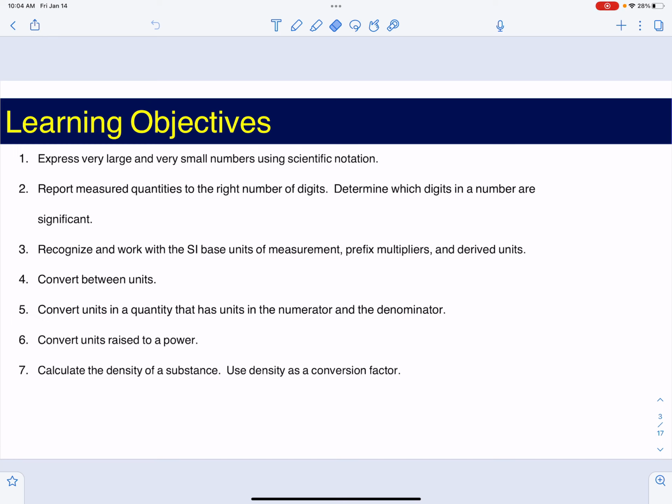Number three, recognize and work with the SI, that means System International, International System in French, base units of measurement, prefix multipliers, and derived units. We're talking about milliliters, grams, kilograms, megabytes, gigabytes, terabytes.